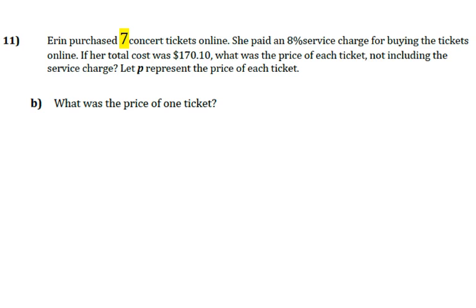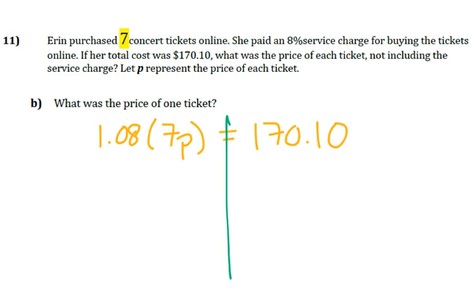Part B, what is the price of one ticket? So now we're going to have to use the equation from Part A and solve it to find the price of one ticket. I'm going to use the second equation that we came up with in Part A, and we're going to multiply 1.08, or 1 8/100ths, times 7P, which gives us 7.56P equals 170.10.